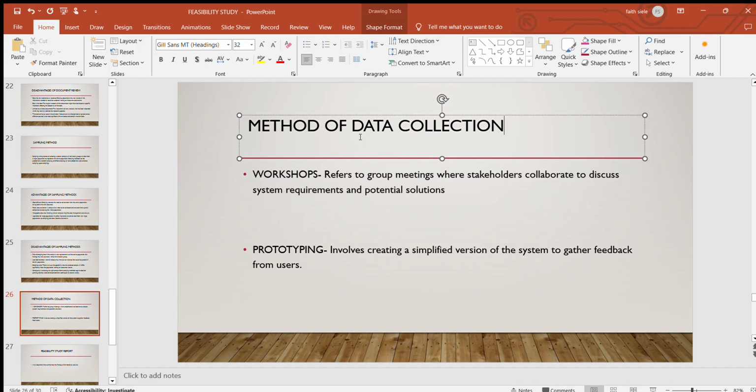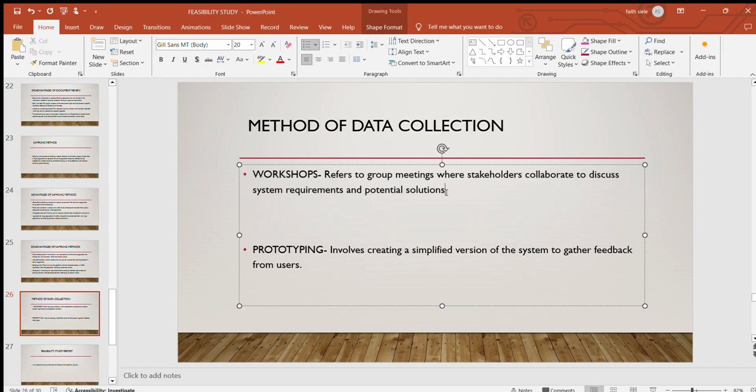So that is all under prototyping. We also have focus groups. We also have case study.